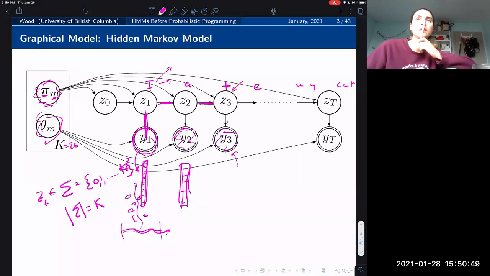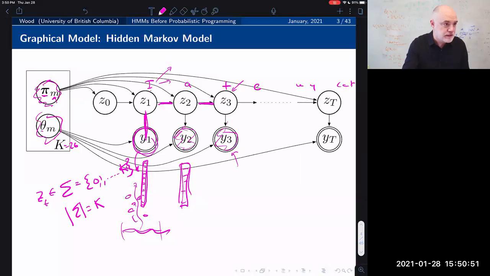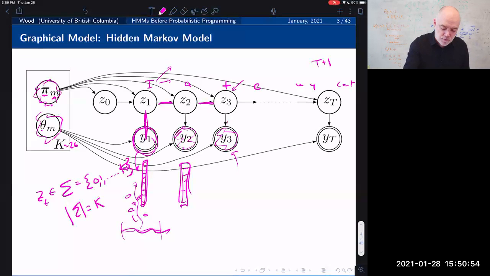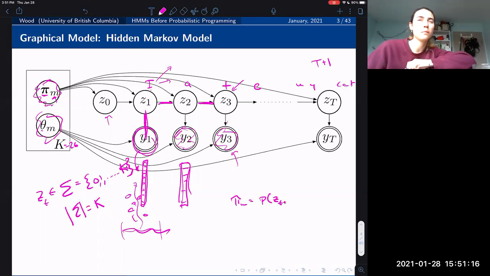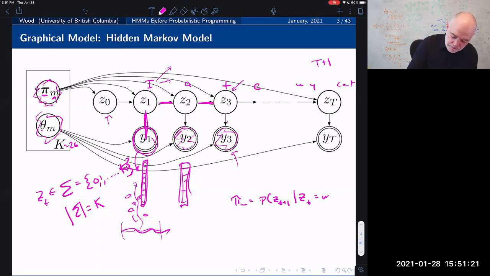The number of random variables in this particular model is T plus 1, because we have a 0th state and then T. All of the random variables are discrete quantities, which means that pi_m is some discrete conditional probability distribution. So pi_m equals the probability of Z_(t+1) given that Z_t equals m.